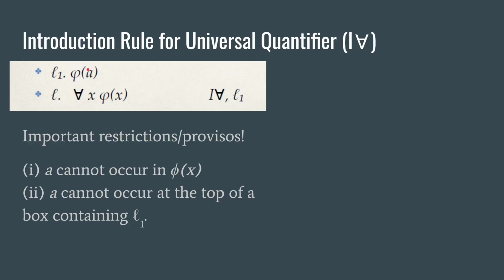If A is arbitrarily selected, then we can make a universal generalization. If our statement on L1 didn't depend on the specific choice of A, then we can move to a universal statement. Intuitively, think about it like this. If you are trying to get a representative sample, what do you do? Well, if you want to know what everyone in the United States thinks about some topic, say you're creating a poll, you can't just say, I'm going to ask all of my friends, because that's a biased group, right?